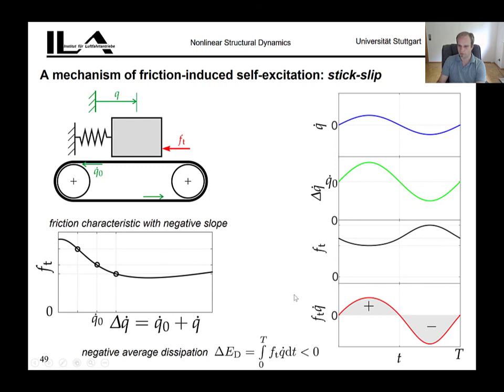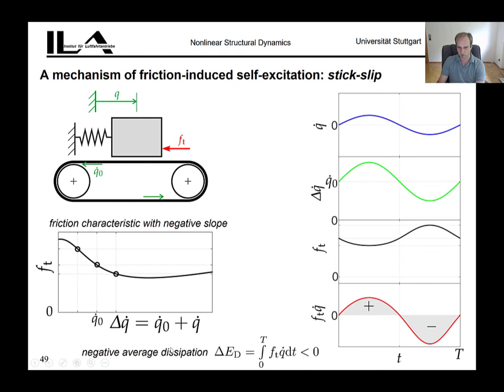Now the power that we need to assess is actually the product of the force times the velocity. So F(t) times q dot is the instantaneous power, and we see that this is positive here. So energy is actually dissipated.